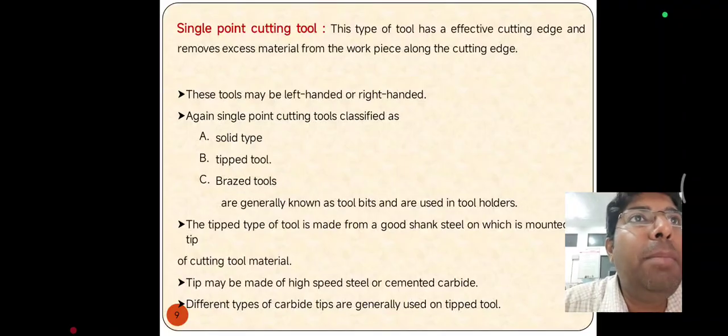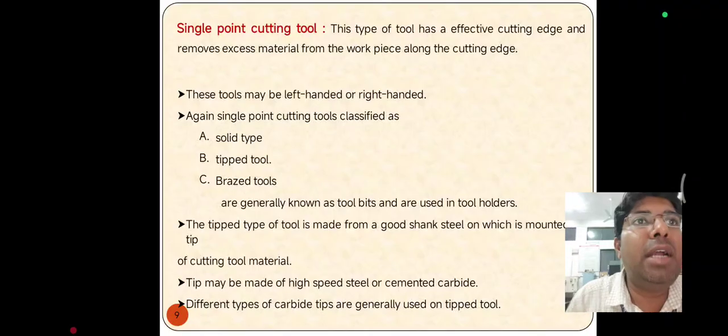The tipped type of tool features a steel shank with the cutting tip mounted on it. This tip can be made of different materials such as high-speed steel or cemented carbide, depending on the cutting requirements. Different types of carbide tips are used on tipped tools, offering various properties like hardness and wear resistance.